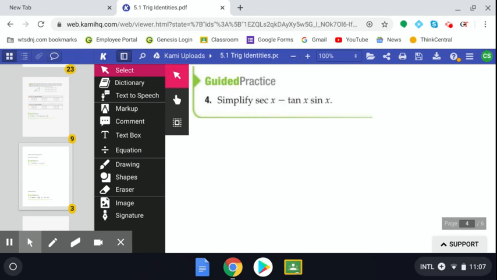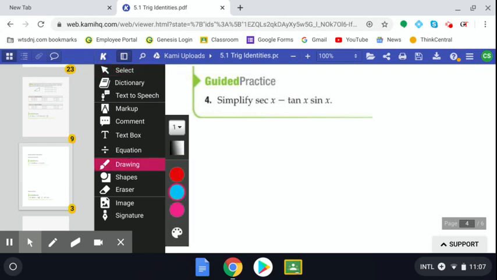So I know that secant is not the inverse cosine, it's the reciprocal of the cosine function. So I can rewrite this as 1 over cosine x minus, and I am going to write tangent x as sine x over cosine x, times sine x.